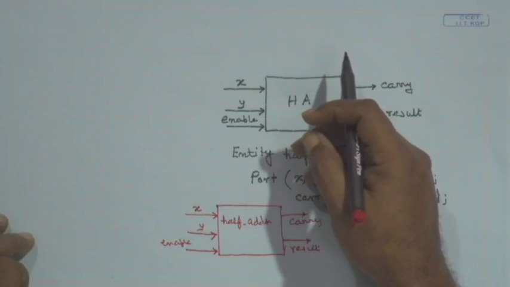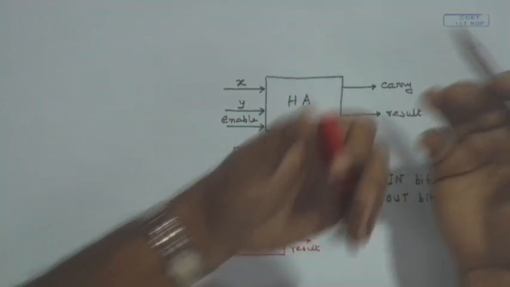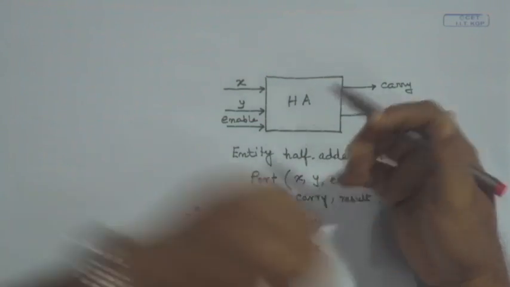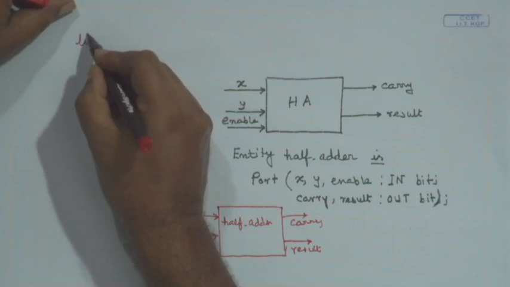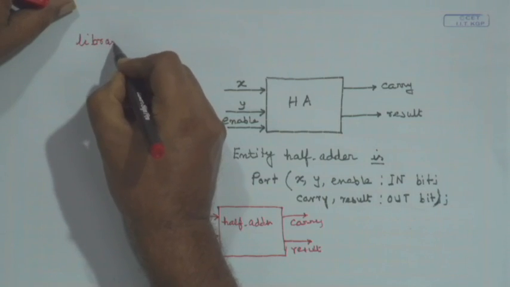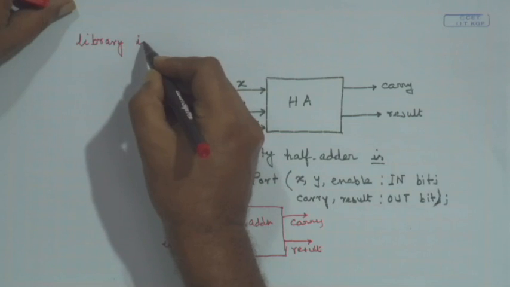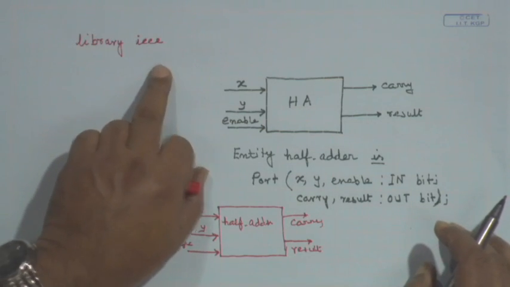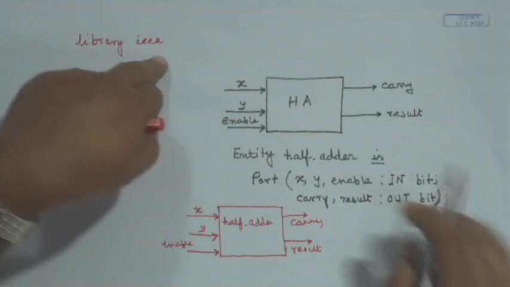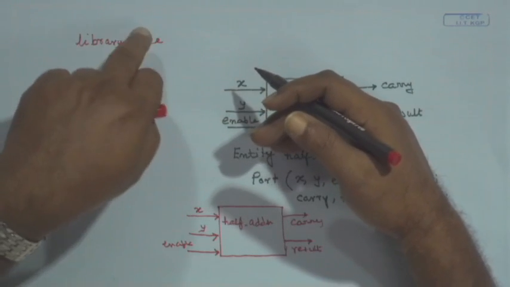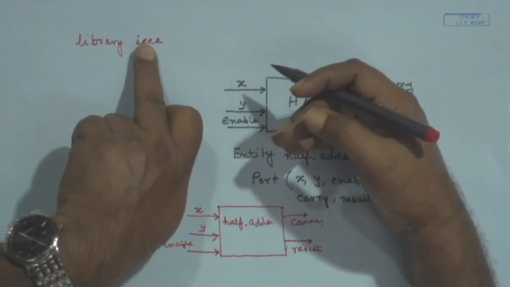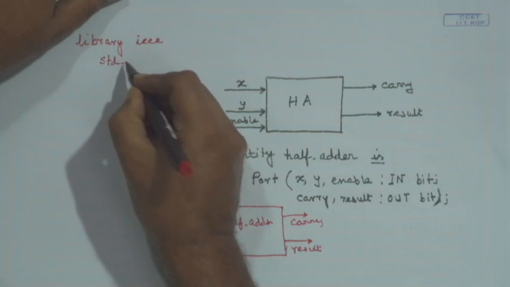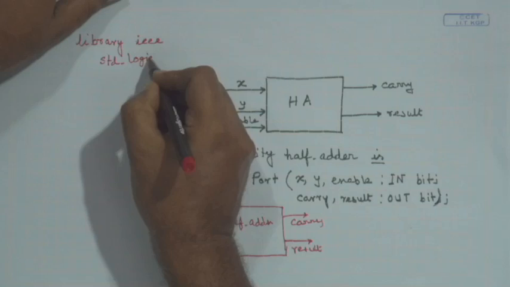VHDL, just like in C language we have got some standard library functions, VHDL always includes library IEEE. So, we include library IEEE before the entity declaration. Now, this library uses another library which is known as STD logic, standard logic.